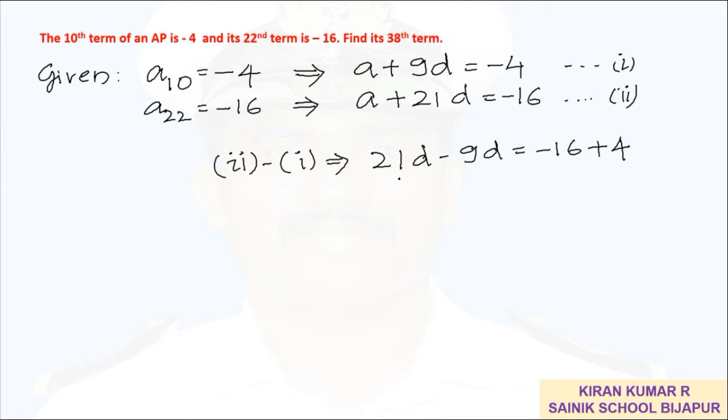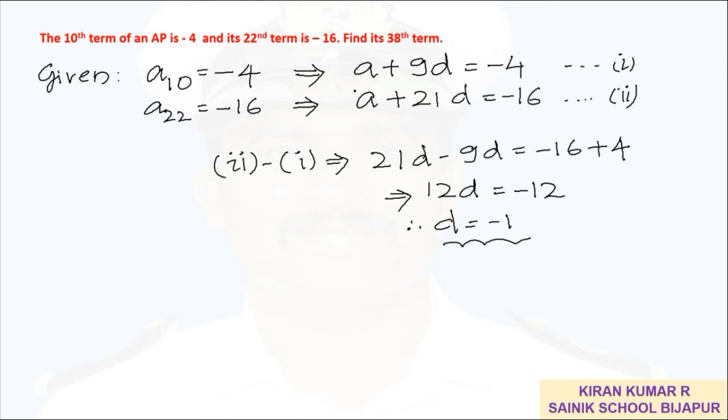What is the difference of 21D and 9D? It is 12D, which is equal to negative 12. So the value of D, we get it as negative 1.